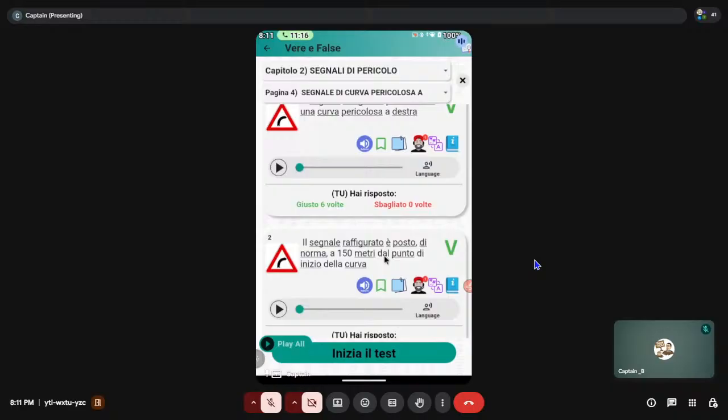So you will see this at 150 meters, meaning it's announcing that you are circulating, and in 150 meters you're going to see the curve, the beginning of it. Yes, it is true. È vero.